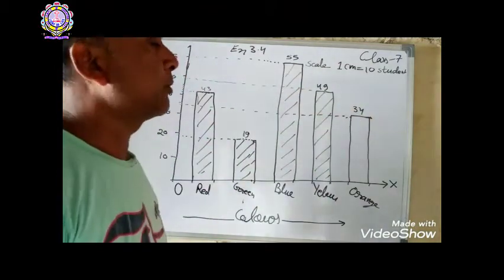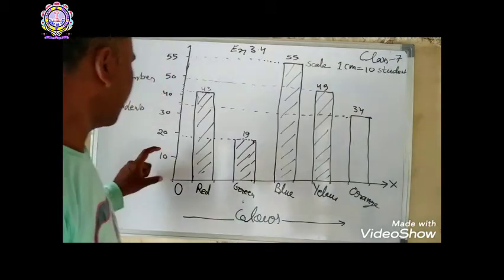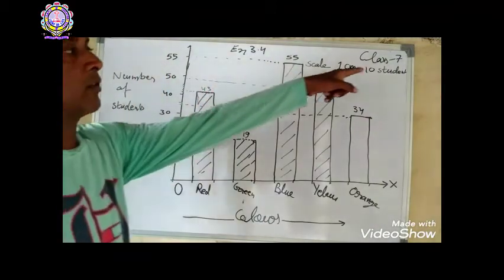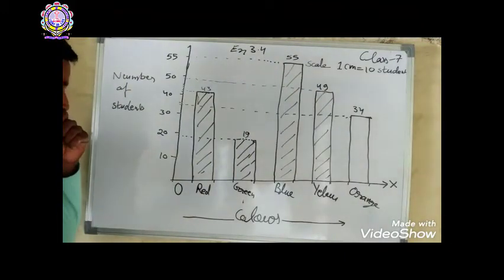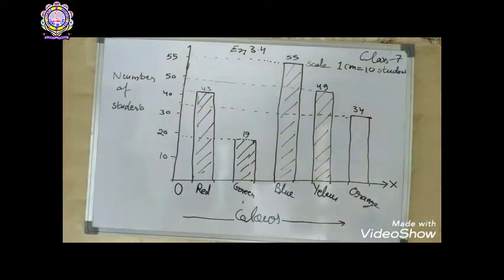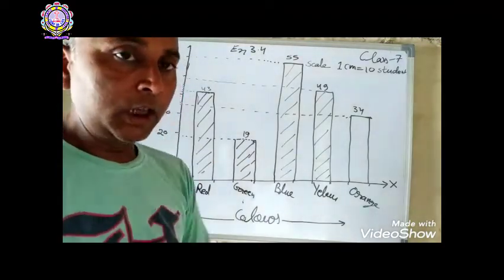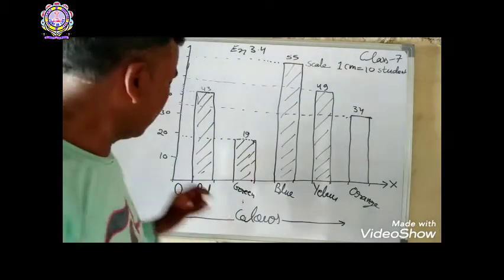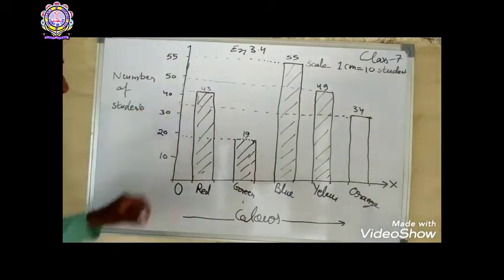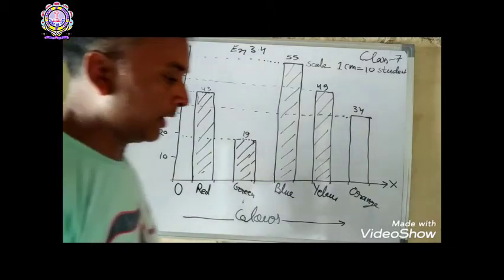Only one number is a multiple of 5, and none is a multiple of 10. So we write 1 centimeter equals 10 students. 1 centimeter has 10 millimeters, so 1 millimeter means 1 student. So we use the scale, measure it here and draw the graph.